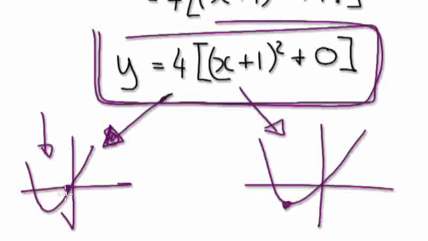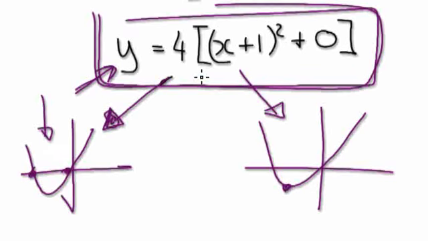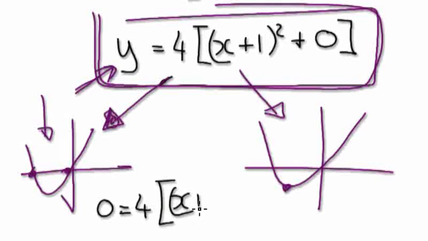So where will it cross the x-axis? Put 0 into the y here. If you put 0 into the y, you will have 0 equals 4 bracket x plus 1 squared.